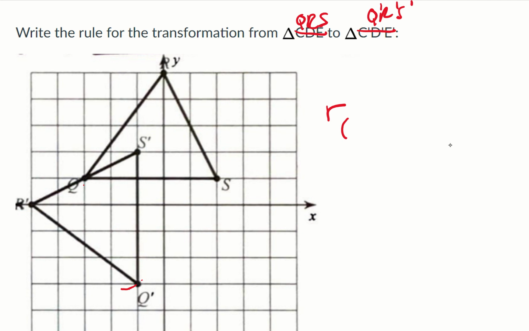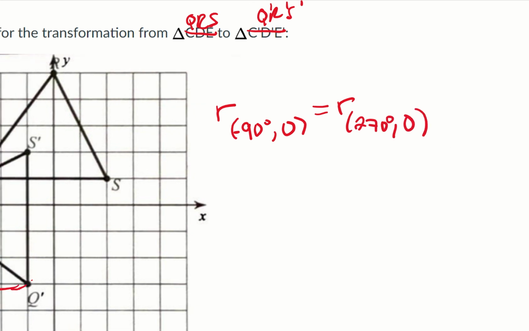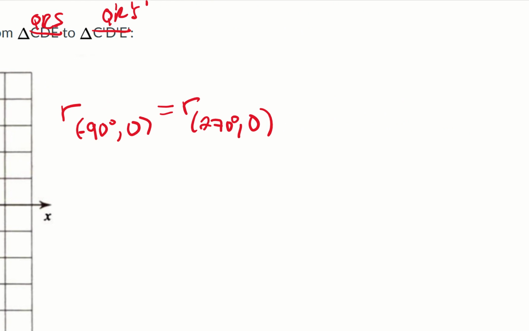In this case, it's clockwise, right? So that's going to be -90 degrees. And we know that doing 90 degrees clockwise is the same thing as doing 270 degrees counterclockwise about the origin. So they mean the same thing, and you can use either one of those rules.